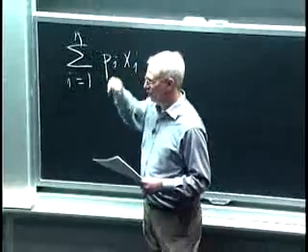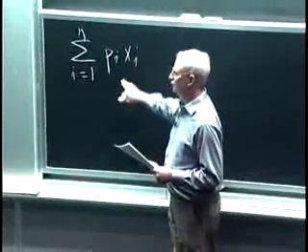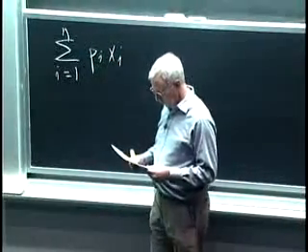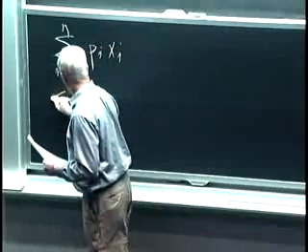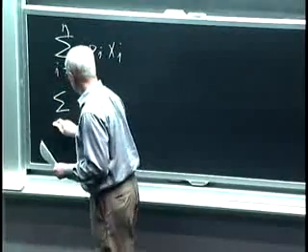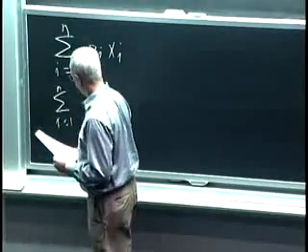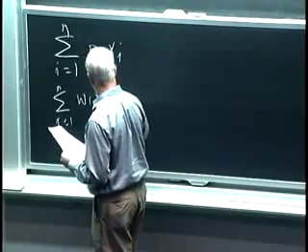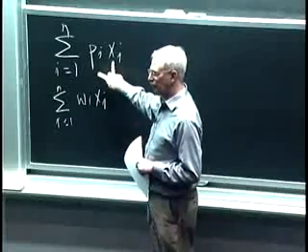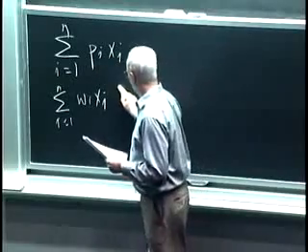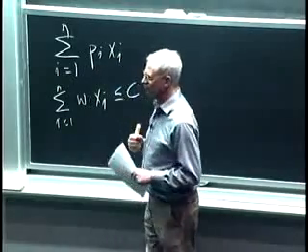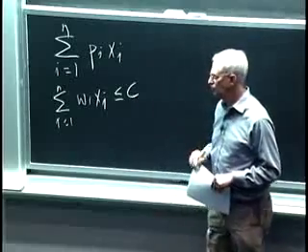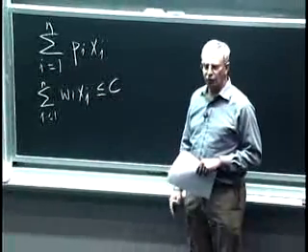Maybe it should be 0 to n minus 1, but we won't worry about that. And we had to do it subject to the constraint that the sum from 1 to n of the weight sub i times x sub i, remember x is 0 if it was in, 1 if it wasn't, was less than or equal to the cost, as I wrote it this time, which was the maximum allowable weight.